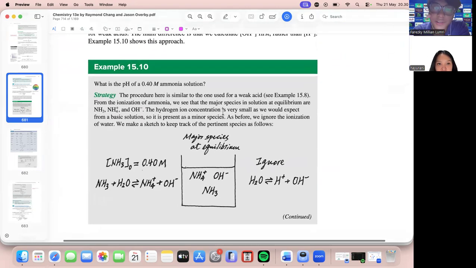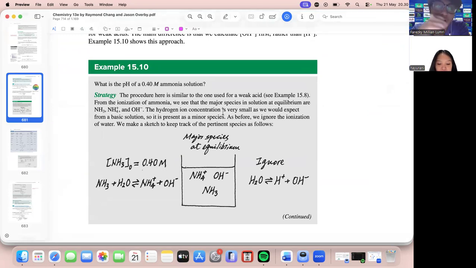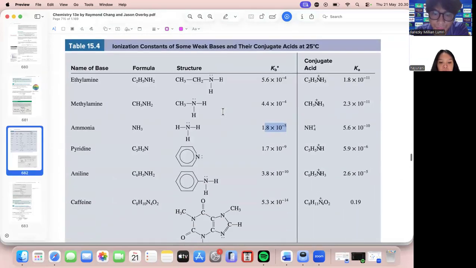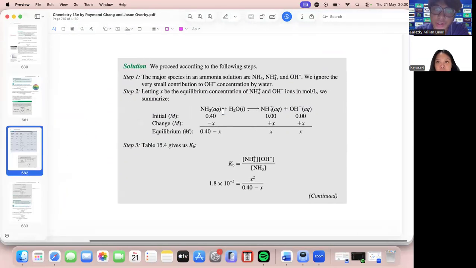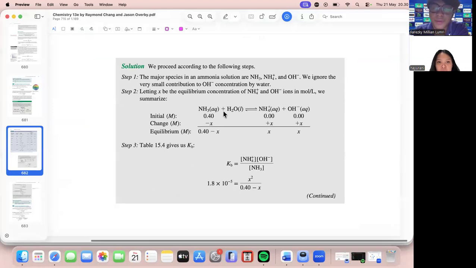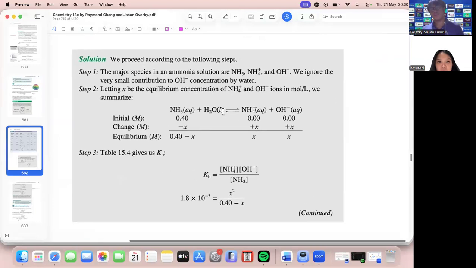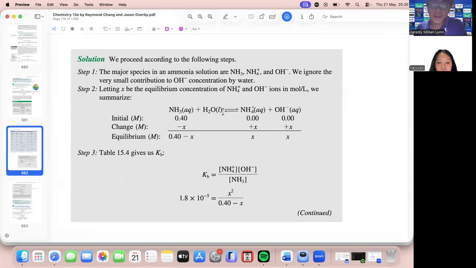In example 15.10, what we're trying to find is the pH of a 0.4 molar ammonia solution. The way we do it, we find the equilibrium equation first, and then we find the initial moles.